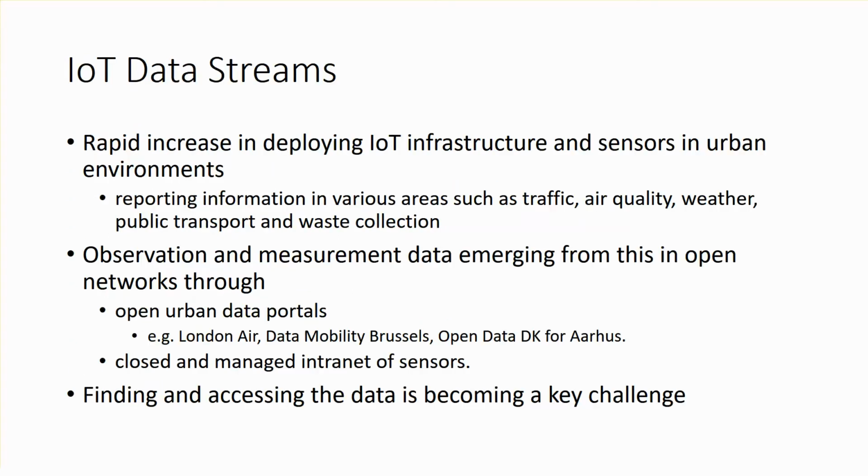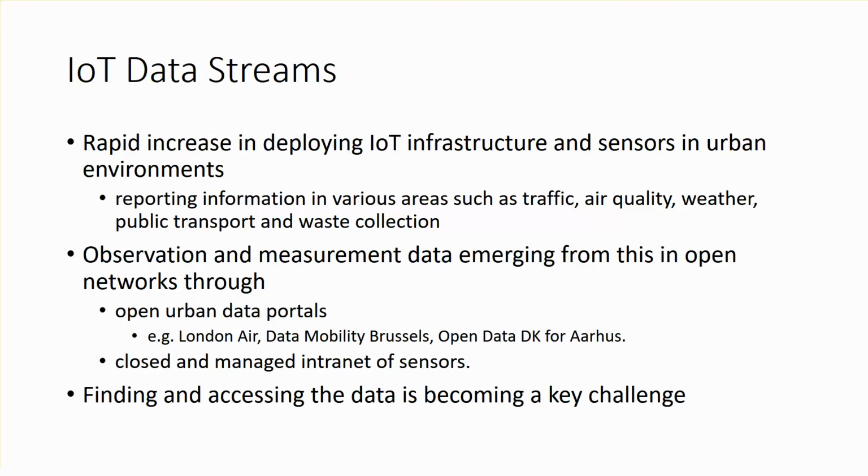So in the past few years, we've noticed a rapid increase in deploying IoT infrastructure and sensors in urban environments. And this involves reporting information in various areas such as traffic, air quality, weather, public transport, and waste collection. Observation and measurement data emerging from this in open networks is done through open urban data portals. Examples of this we could see are from London and Brussels and in Aarhus.